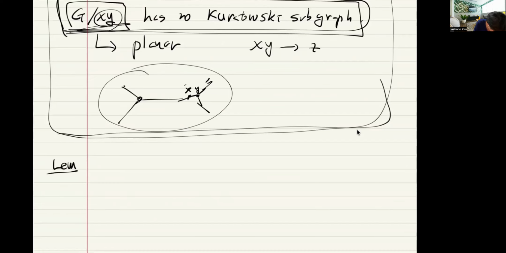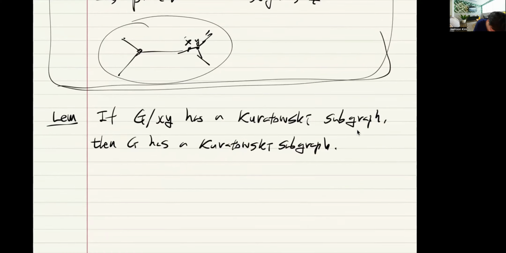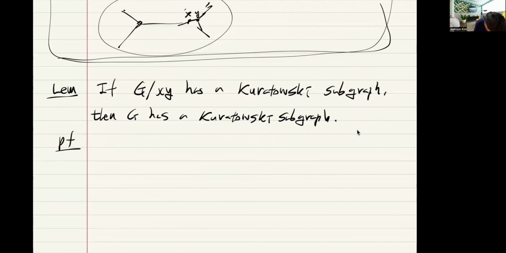So, lemma: if G contraction X and Y has a Kuratowski subgraph, then G also has a Kuratowski subgraph. So let's prove it.